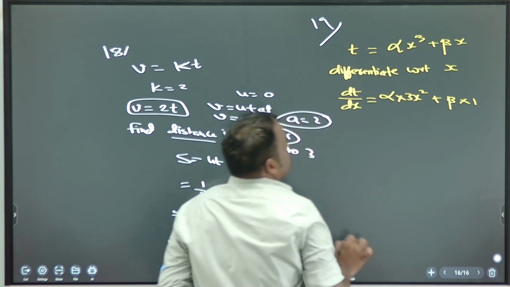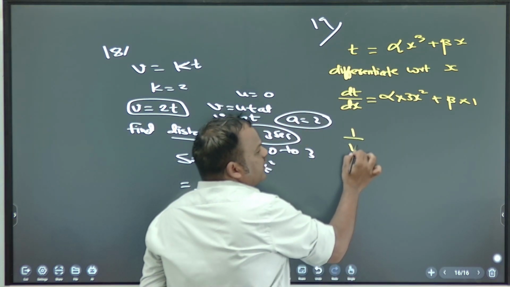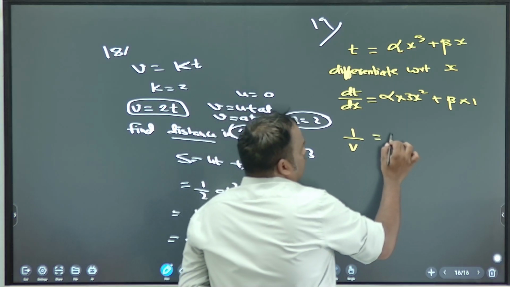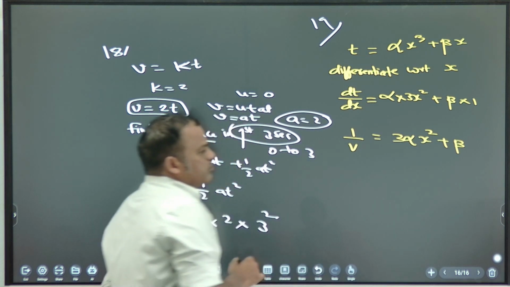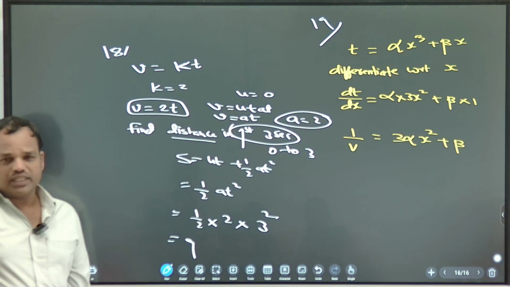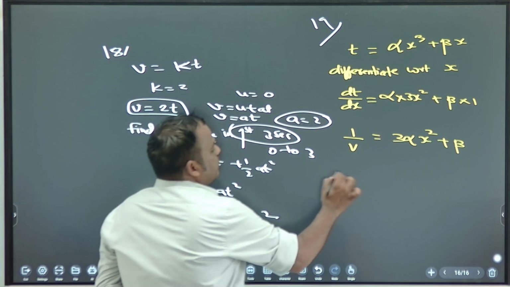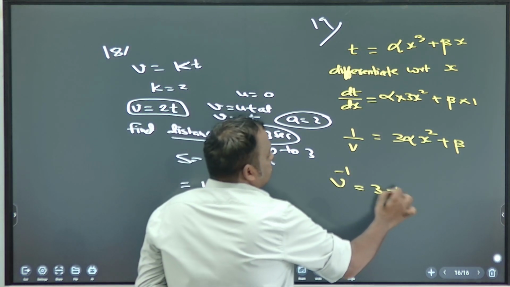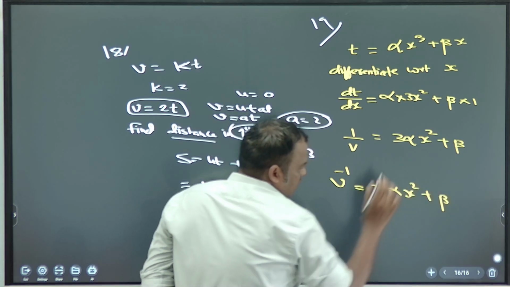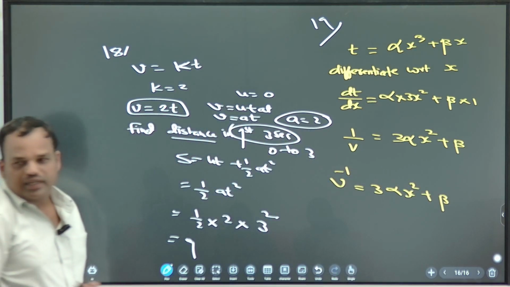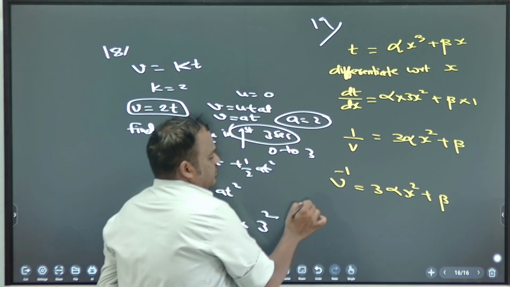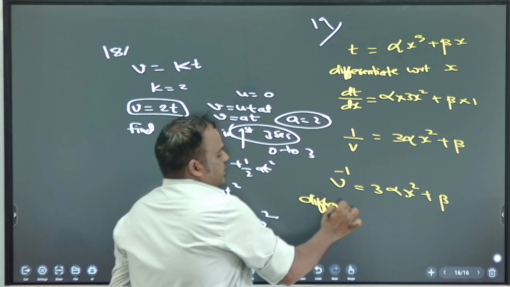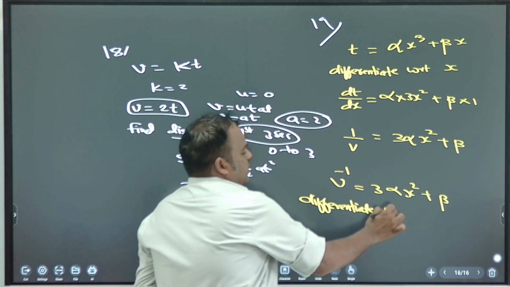So dt by dx is 1 by v. 1 by v is 3 alpha x square plus beta. 1 by v means v raised to minus 1. This is v inverse. Understood? Now differentiate with respect to t.